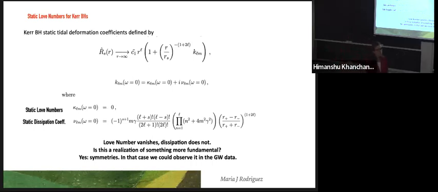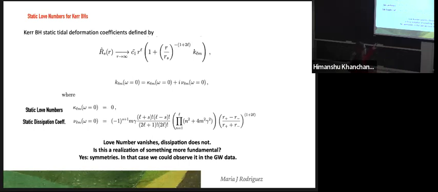But this static dissipation coefficient, does it have an interpretation? Because it seems a bit counterintuitive. There is no time dependence, but something that decays in time. Yes. So when we set omega equals 0, I think we can understand what this number means.